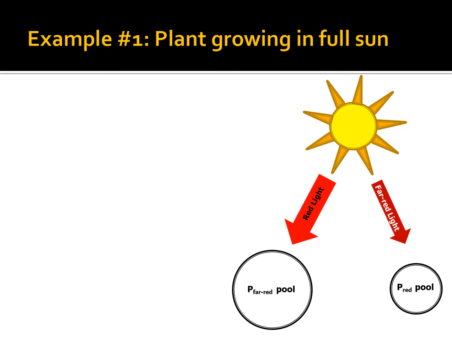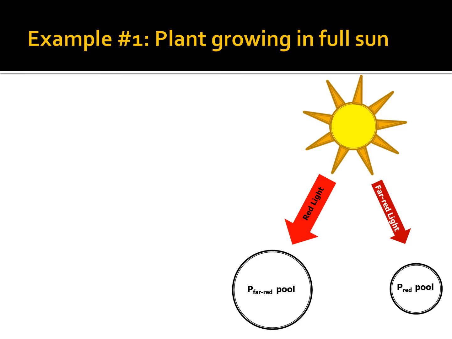Okay, now under these situations, leaves are illuminated by sunlight, and because there's a little bit more red light than far red light, that means that the majority of the phytochrome is going to be in the far red form. So the far red pool is going to be slightly bigger than the phytochrome red pool.